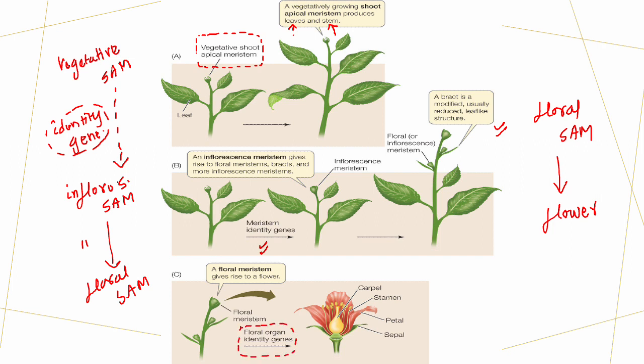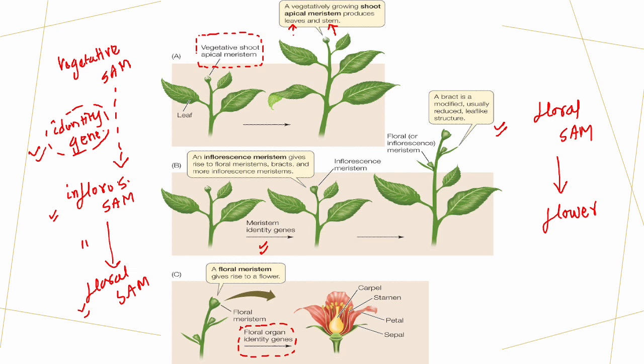What are they known as? Floral organ identity genes. So we have two main kinds of genes which are responsible for floral induction. One of them is known as the inflorescence meristem identity gene, or sorry, they are known as meristem identity genes since they help in conversion of vegetative SAM to inflorescence SAM to floral, and identity is changing, therefore identity genes or meristem identity genes.